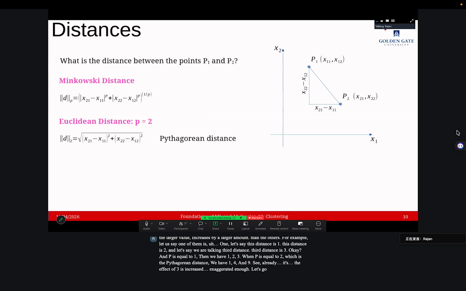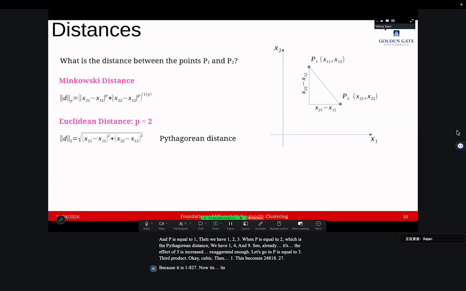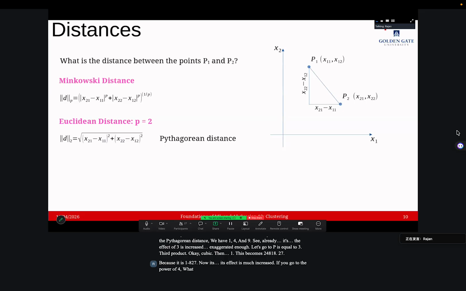Let's go to p equal to 3, the third power, cubic. Then we have 1, 8, 27. Now its effect is much increased. If you go to the power 4, what happens? 1, 16, 81.